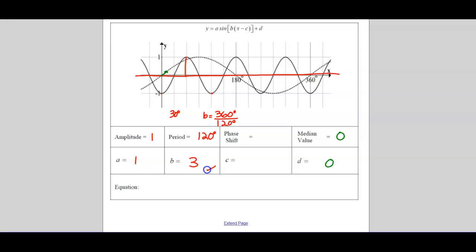So we're really comparing it right away to where the new graph is going up and to the right closest to it. So this is the closest that's going up and to the right. Obviously it goes over here. We could go over to this one. We're always going to want the shortest translation, the closest. So what is that? That's 1 grid unit, which is 30 degrees. So 30 degrees to the right, so C is 30 degrees.